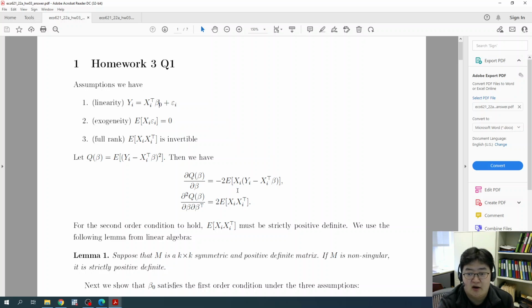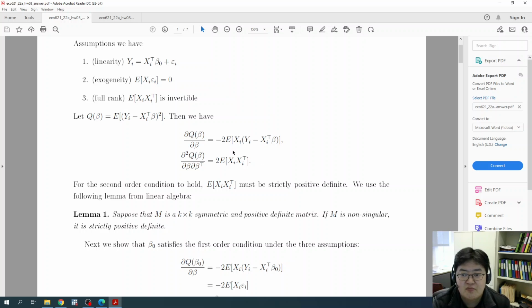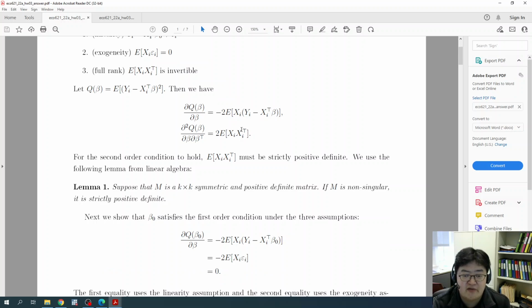Remember Q is 1-dimensional, but beta is K by 1, so the dimensions should match, and this is K by K. Derivatives are straightforward.